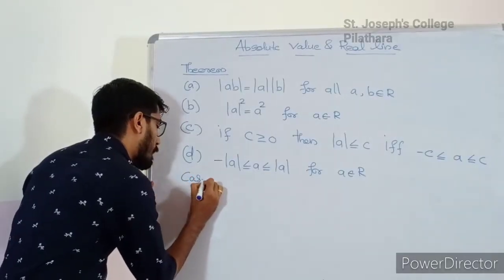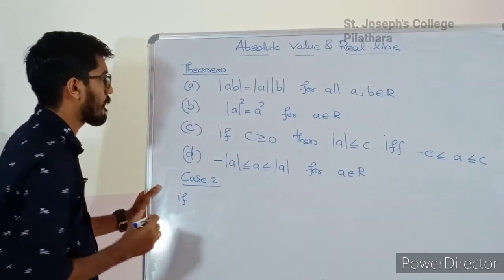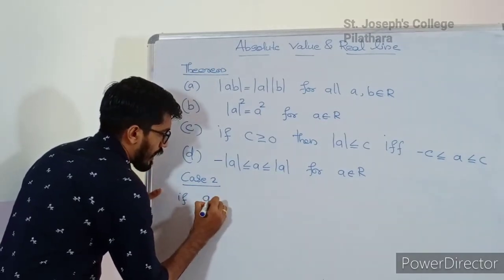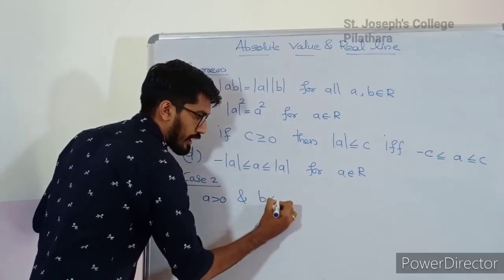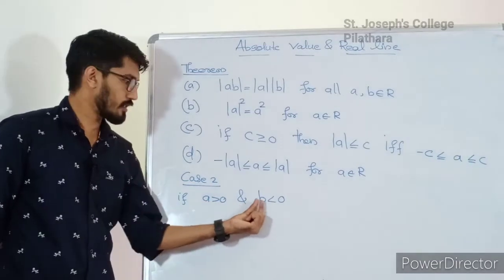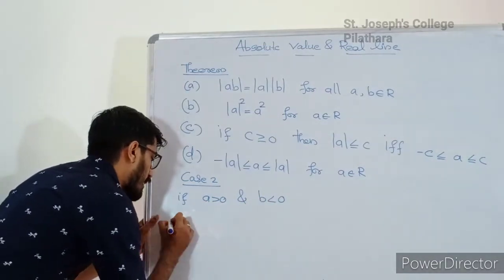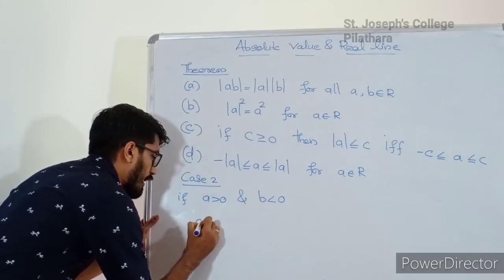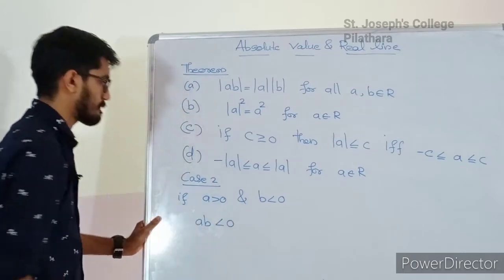Case 2: if A greater than 0 and B less than 0. Our assumption is A greater than 0 and B less than 0. From this, AB is less than 0.